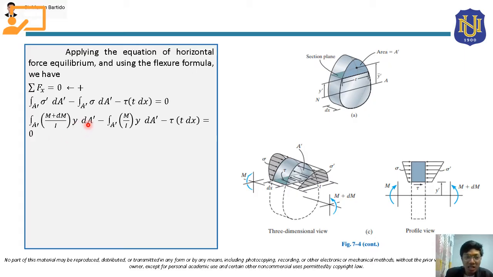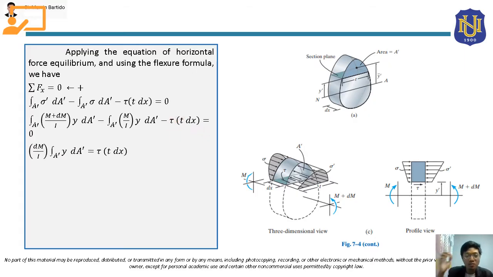So the moment is M plus dM, and then y over I, times dA prime. Also, class, for this stress sigma, our formula is My over I, and the M that caused this compressive bending stress is this M. So our formula here will be My over I times dA prime, minus, we just rewrite this, tau times t dx, equal to 0.